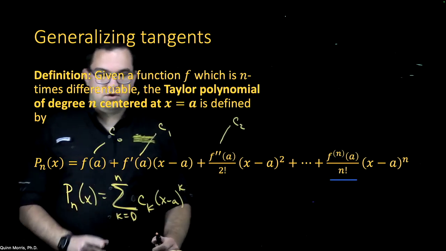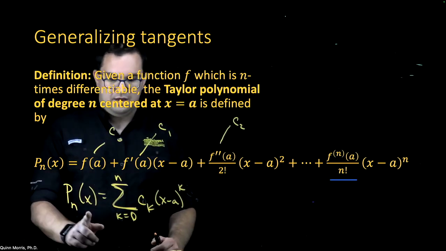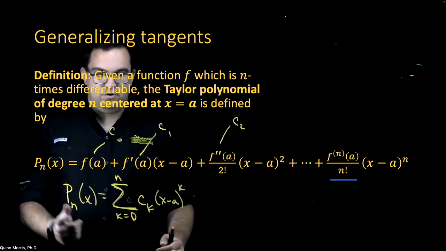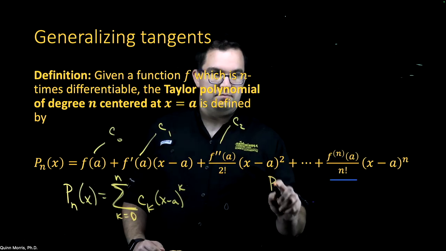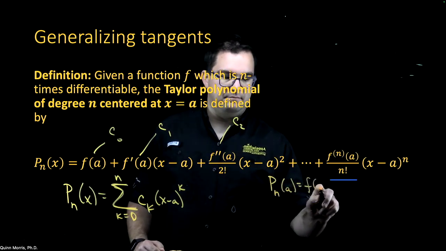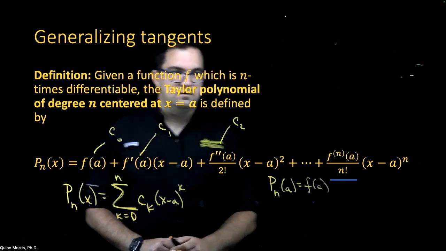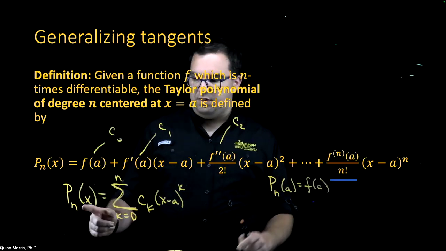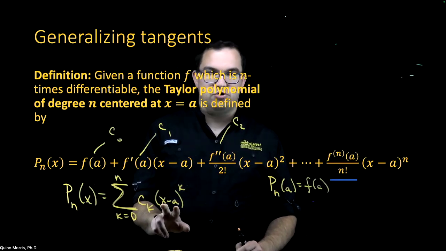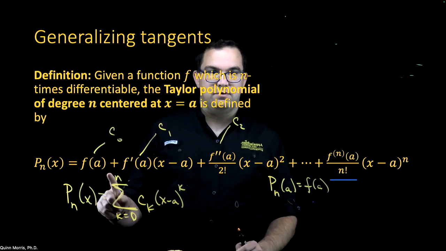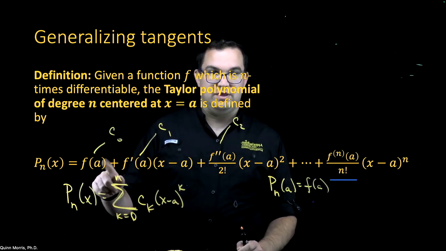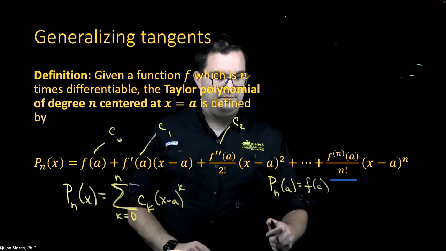Okay. Well, notice that if it's the nth degree Taylor polynomial, then I want P sub n of a to be equal to f of a. So what's that going to force? Well, if I plug in a here, what's going to happen? Every one of these terms is going to be 0, except for the one that's to the 0th power, the one that doesn't have a factor of x minus a.